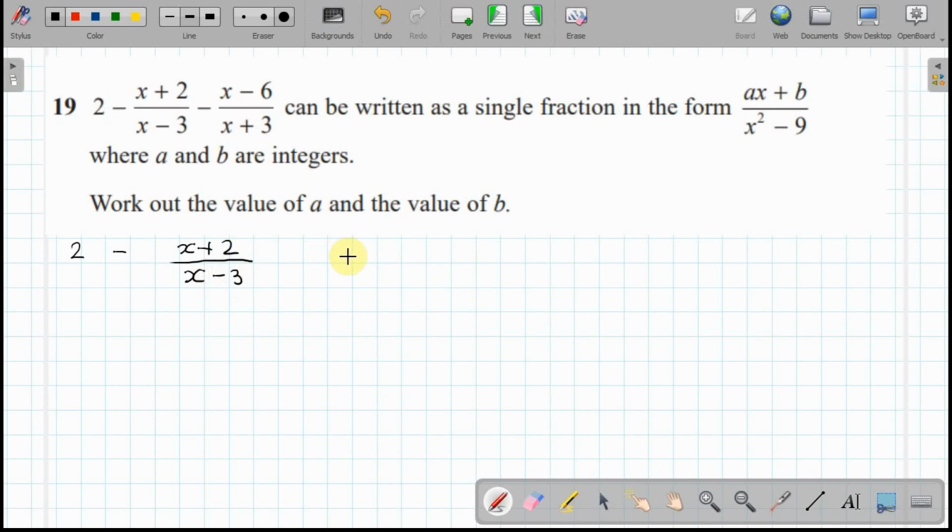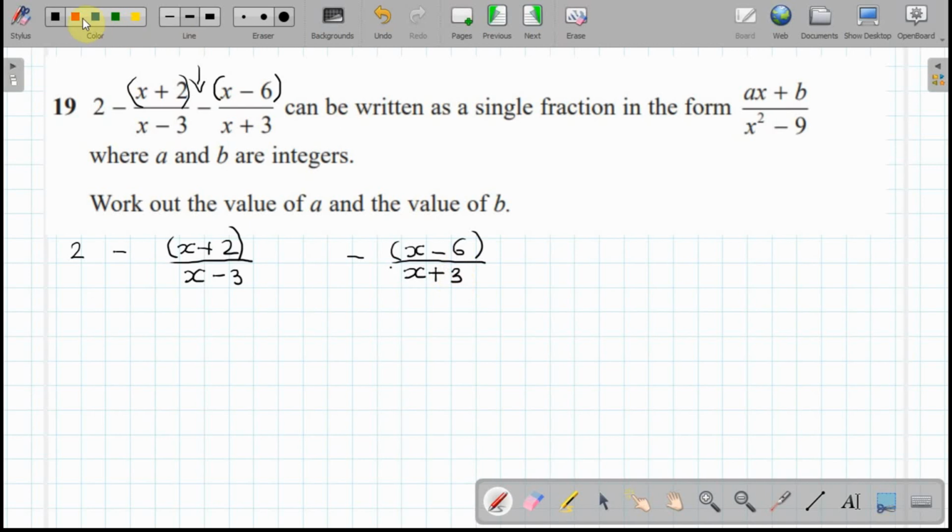Then minus, I'm going to put a pair of brackets. There is an invisible set of brackets; every time you see this in a question, you need to put a pair of brackets. Same here. So when you go to simplify, there's going to be a different situation here. Minus (x minus 6) over (x plus 3).